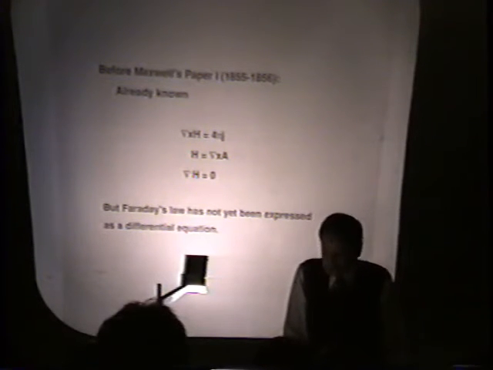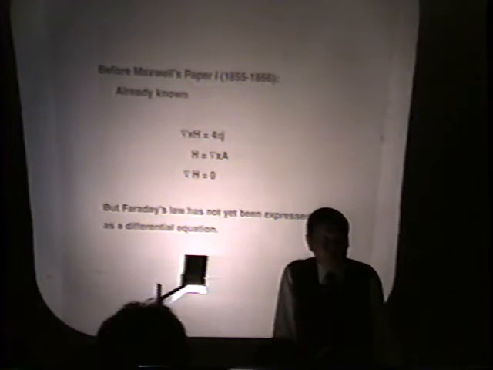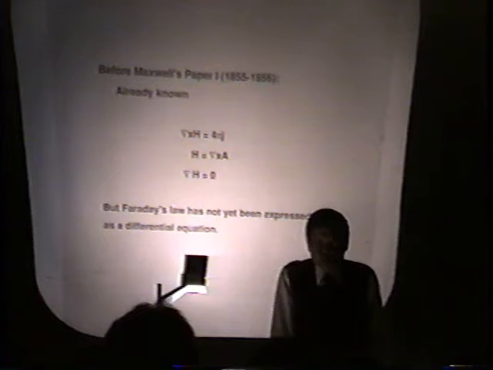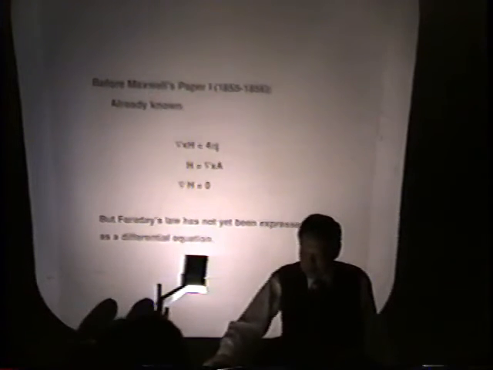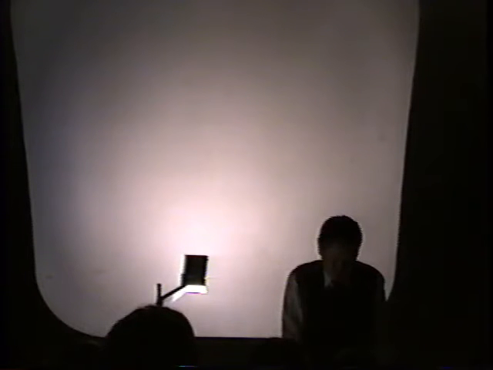And naturally, Faraday's law, which was realized to be very important already at that time, was not written in mathematical form and into differential equation form, and that was the aim that Maxwell set for himself. He wanted to write these physical ideas of the field of Faraday into differential equations.